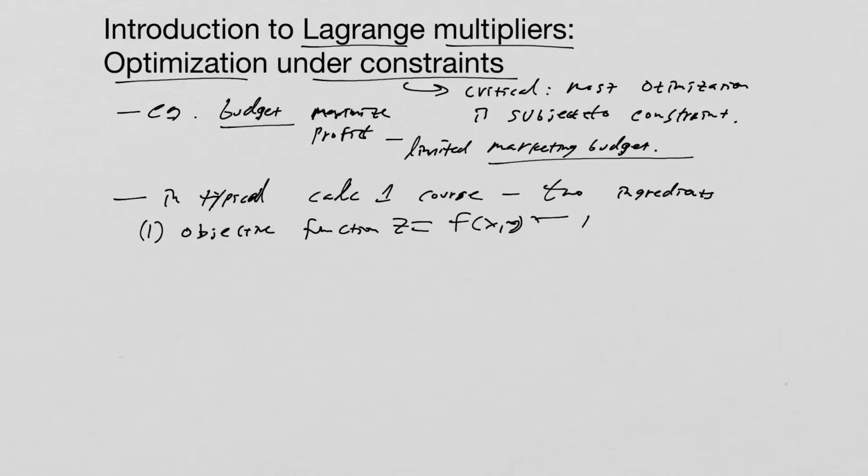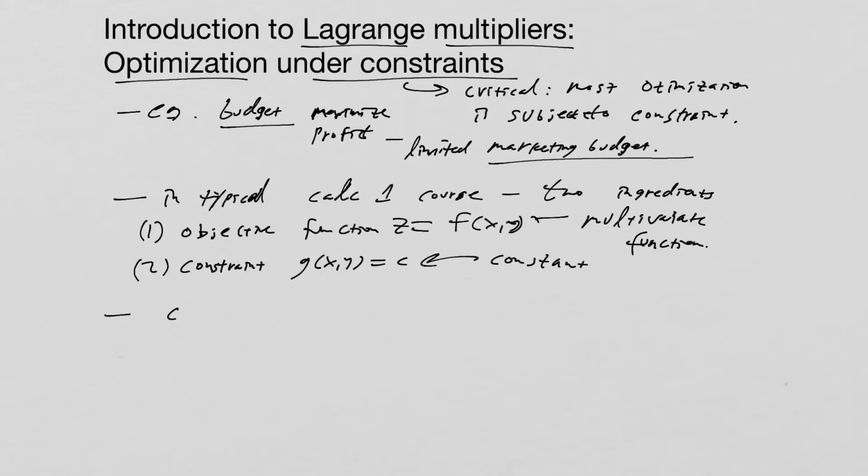This is going to be a multivariate function. And the second thing, beside the objective function, is that constraint. Okay, and that's usually set up as g of x comma y is equal to c. That's some sort of constant.